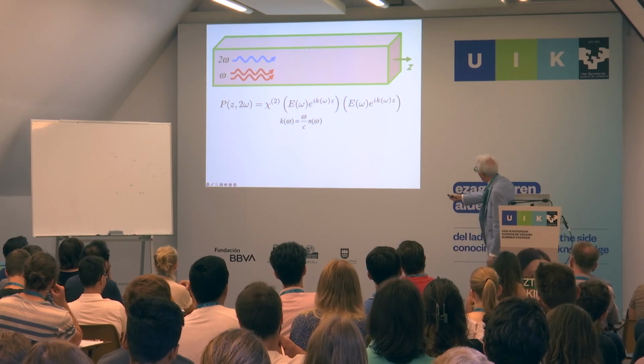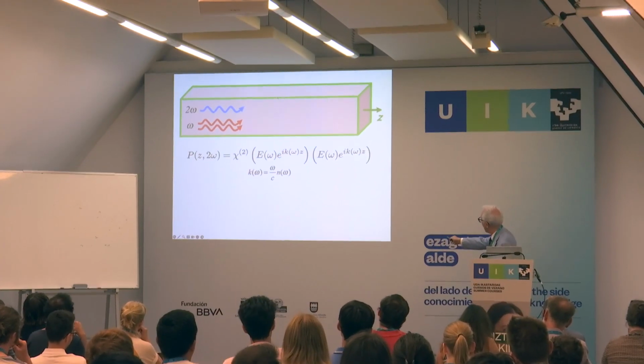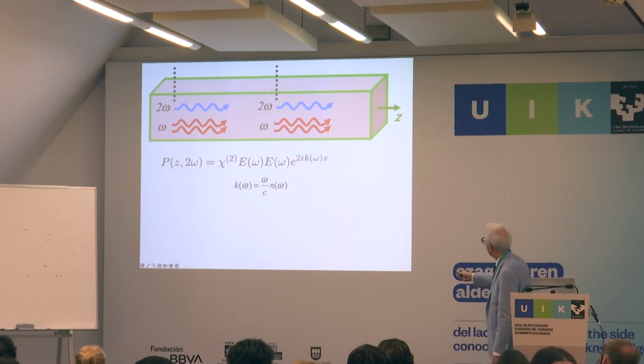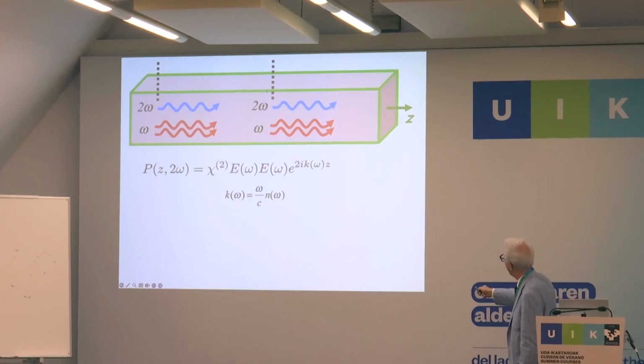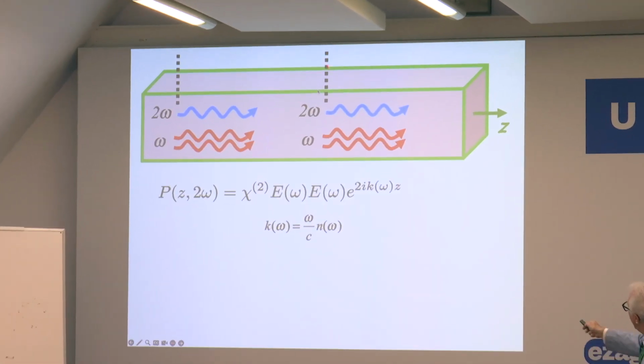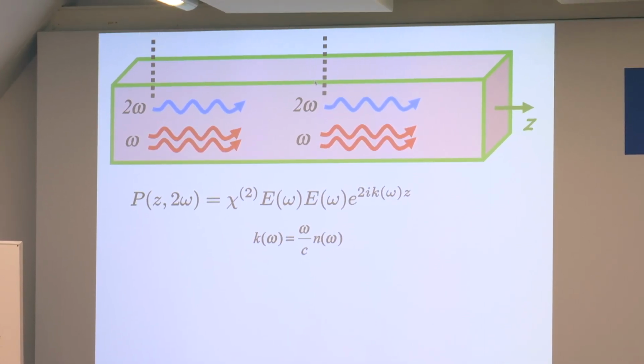Okay, so the electric field is going to come along, propagating as e to the i k z here. So I'm going to get a polarization that has this e to the 2 i k z dependence. But of course, as I get it here and I get it here, I'm going to get radiation from these different bits of polarization.